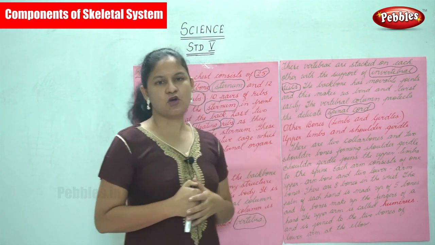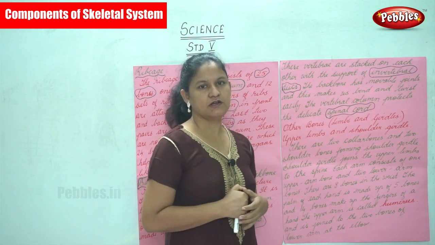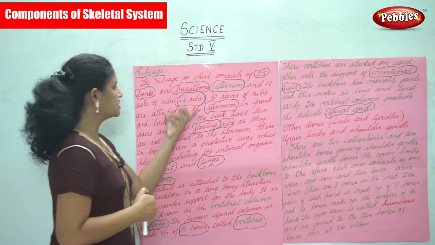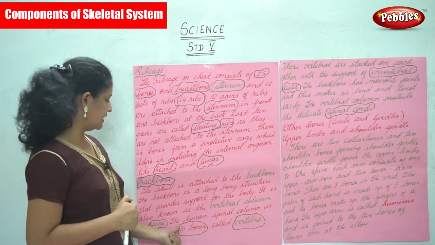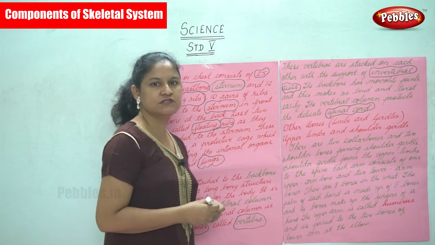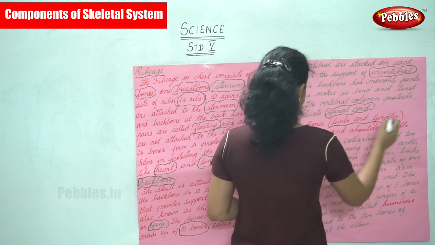The vertebral column protects the delicate spinal cord. So the first component was the skull, the next was the rib cage, and then the backbone. Now moving on to the other bones, that is your limbs and girdles.